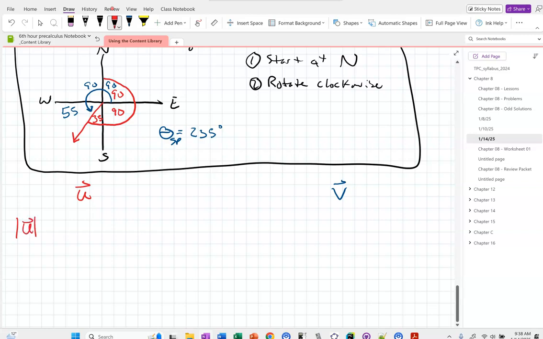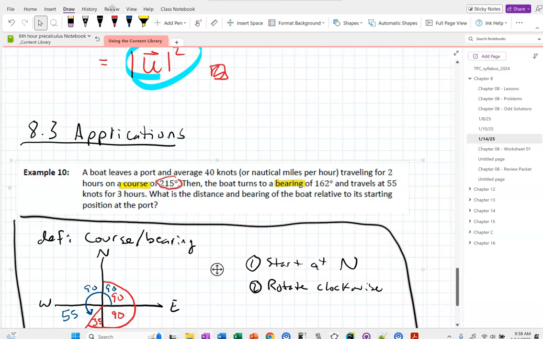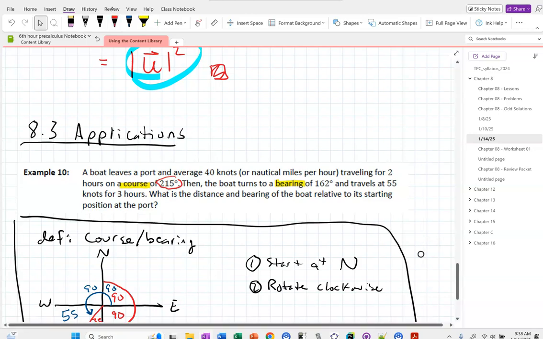My magnitude for u is going to be the length of my vector, right? We talked about that before. So how far is my boat going if I'm going 40 knots for 2 hours? 80 nautical miles, right?